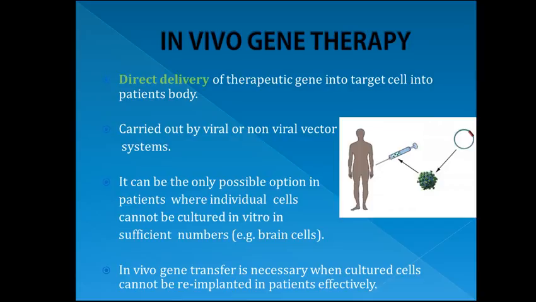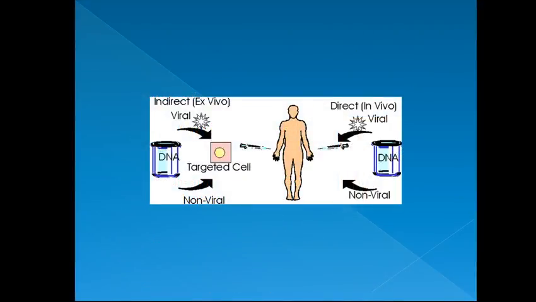Example is brain cells. In vivo gene transfer is necessary when cultured cells cannot be reimplanted in patients effectively.